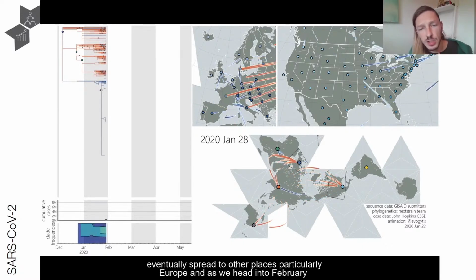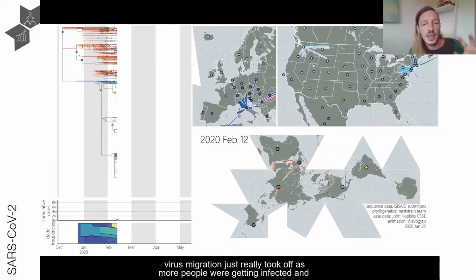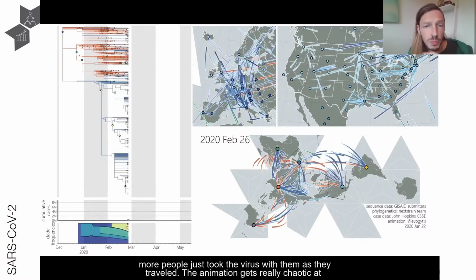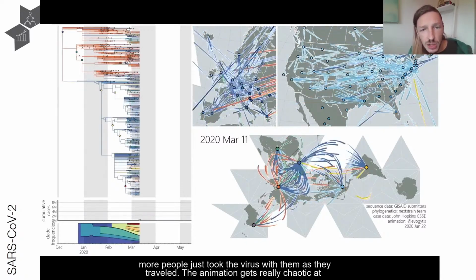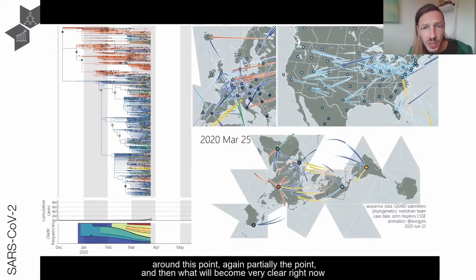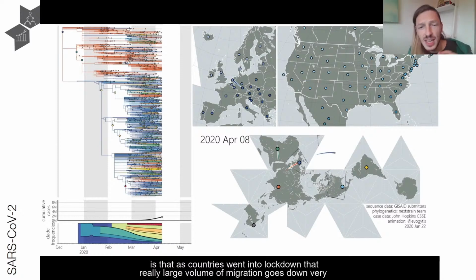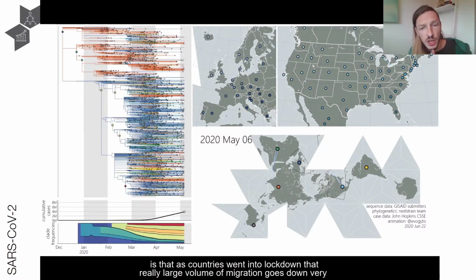And as we head into February, virus migration just really took off as more people were getting infected and more people just took the virus with them as they traveled. The animation gets really chaotic at around this point, again, partially the point. And then what will become very clear right now is that as countries went into lockdown, that really large volume of migration goes down very effectively.